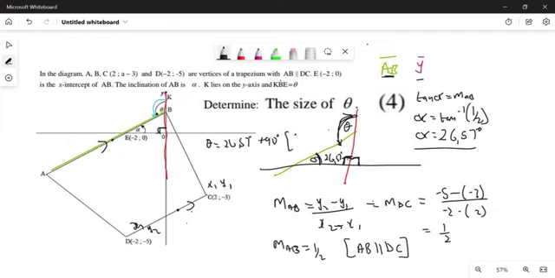What is going to be our reasoning? It's the exterior angle of a triangle. So our theta is 26,57 plus 90, which is 116,57 degrees. And then we are done with this one.